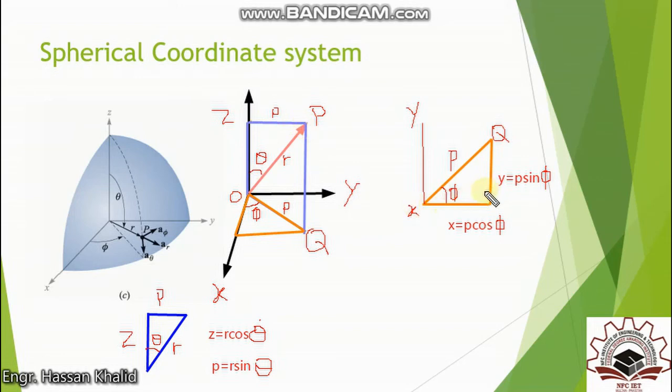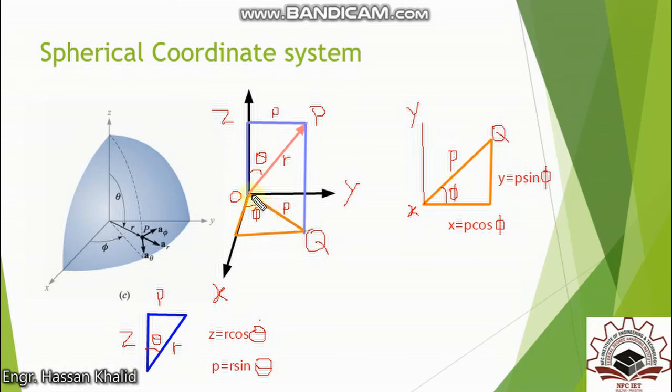Now let's look at the first triangle, X, O and Q, for the angle phi. The overall distance from the origin to the point P is r. If I resolve it into its components, the vertical and the horizontal, one will be rho and the other one will be z.